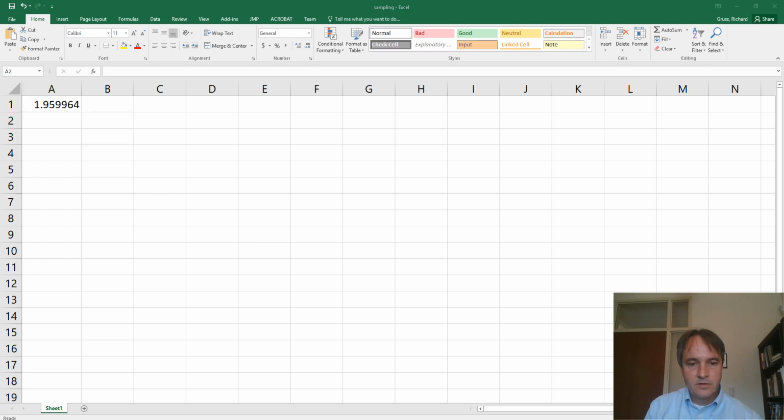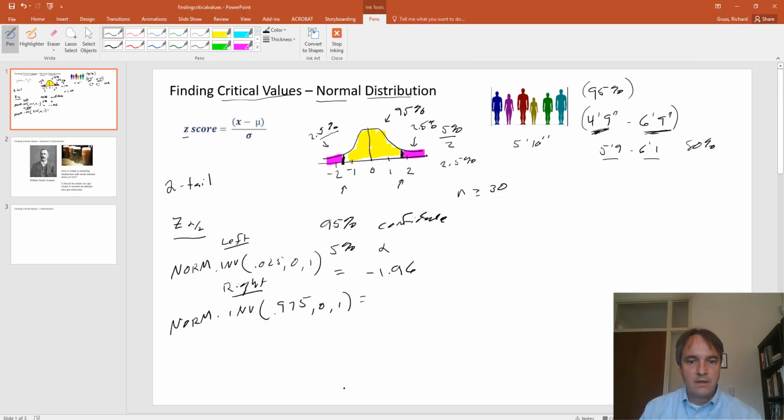Let me put this in here: 1.96. Notice, critically, that these two are the same, and that stands to reason because this is a symmetrical distribution. So in truth, once we know the left one, all we have to do is reverse the sign, and we have the right one.